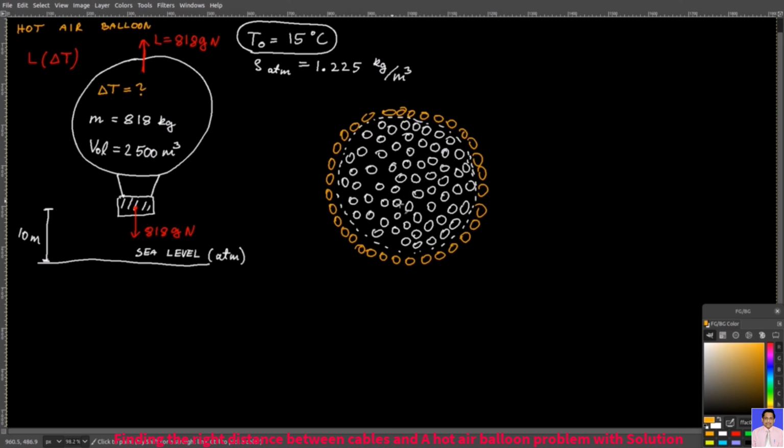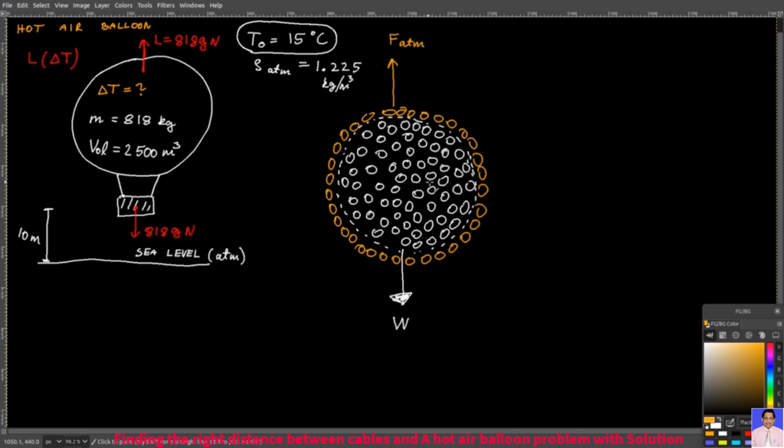And while the air molecules of course move, in general, on average, the air molecules inside this imaginary volume don't accelerate anywhere. So on average, the weight of the air inside this imaginary volume is cancelled by the atmospheric forces around this imaginary volume.